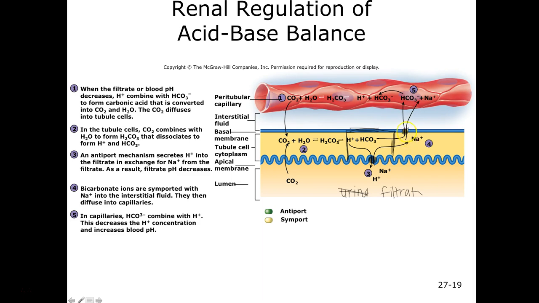It moves that sodium, diffusing it into the interstitial fluid, and then back into our blood. And it takes that bicarbonate ion that was left over and shifts that back into the blood too. What's this bicarbonate ion going to do? It's going to find another hydrogen to bind to. And with that, it's going to decrease the hydrogen concentration within our blood, which will increase the blood pH.